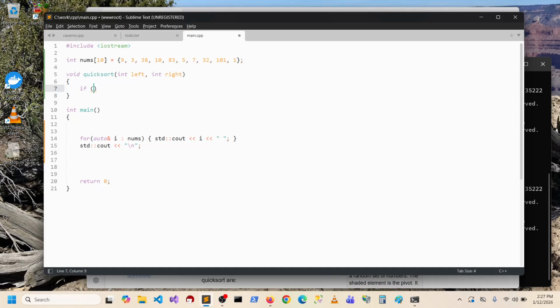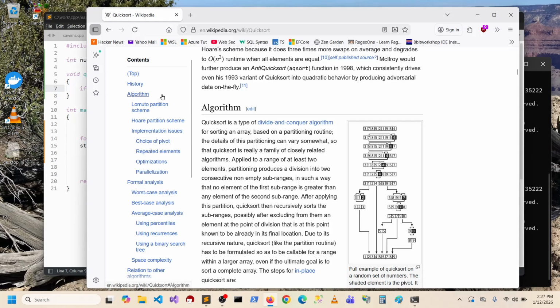All right, back to the description. Produce the division into 2 consecutive parts in such a way that no elements are greater than... Is it cheating if I see the steps?